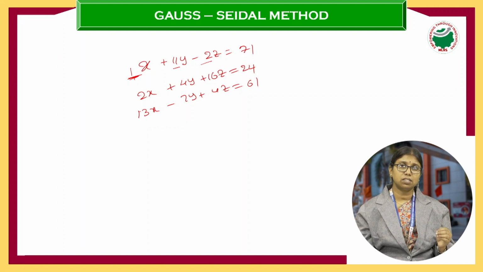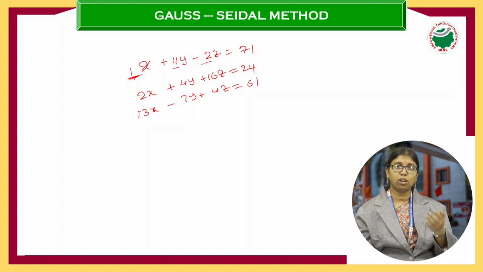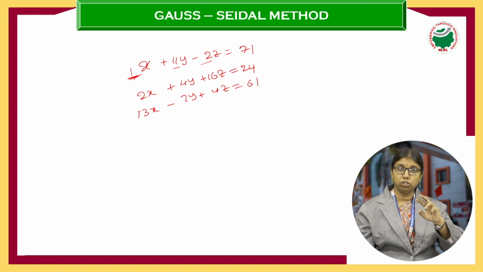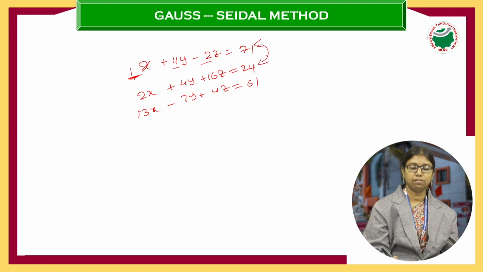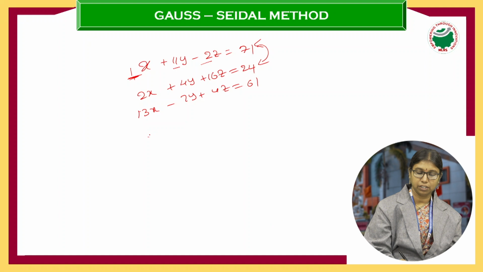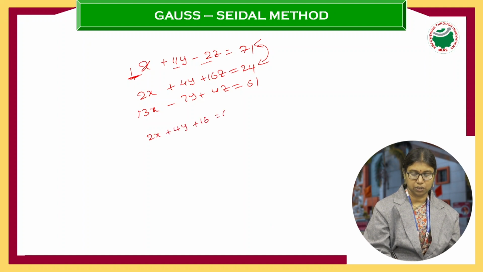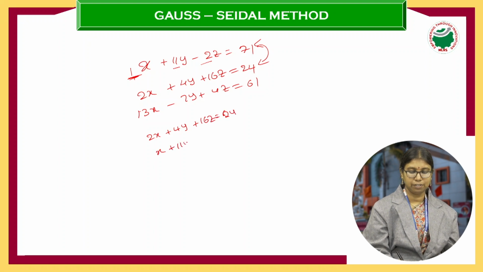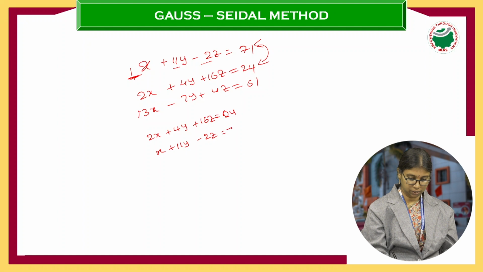So whenever the system of equations is not diagonally dominant, you just interchange two equations and compare the condition. That means first I will interchange the first and second equations. Then you will get 2x plus 4y plus 16z equal to 24, x plus 11y minus 2z equal to 71, 13x minus 2y plus 4z equal to 61.